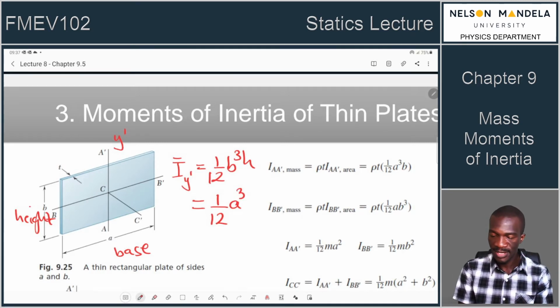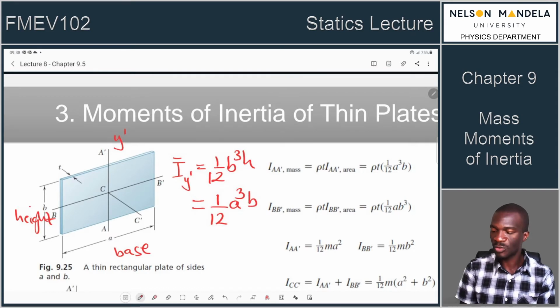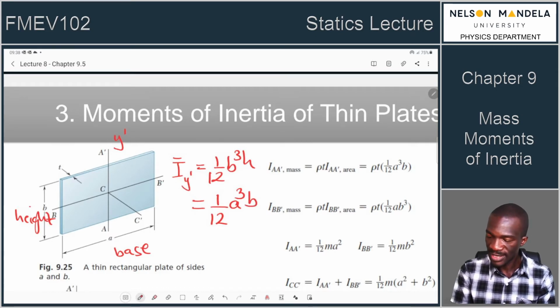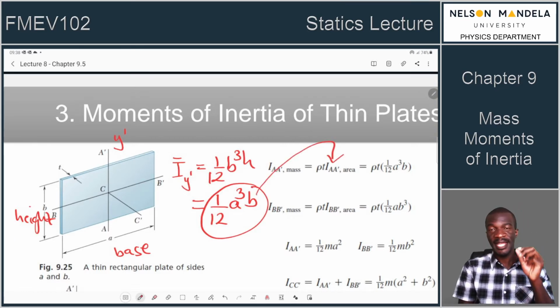The height was the h, I will call it b according to our diagram. For this reason, we will use this as our IAA of the area.